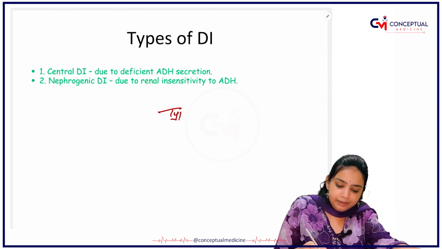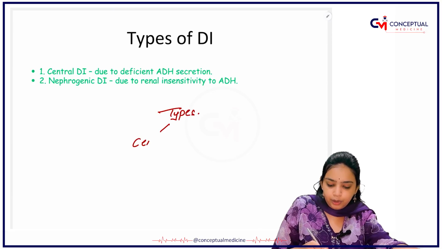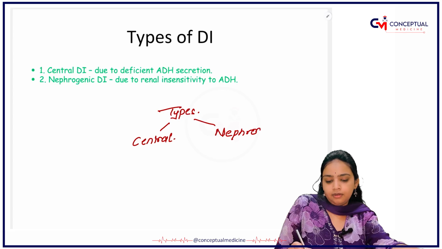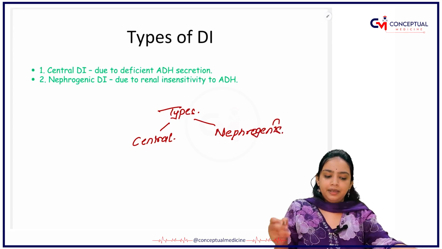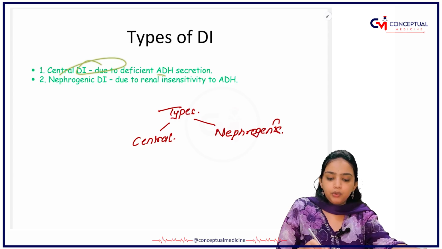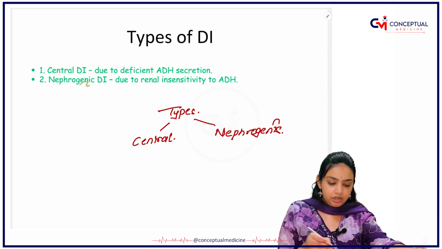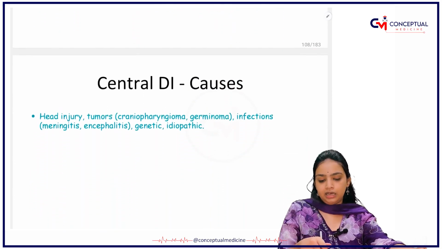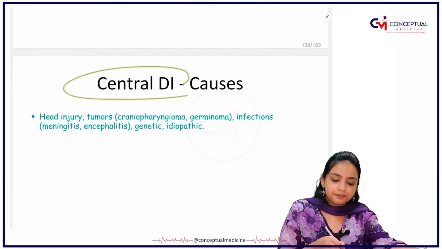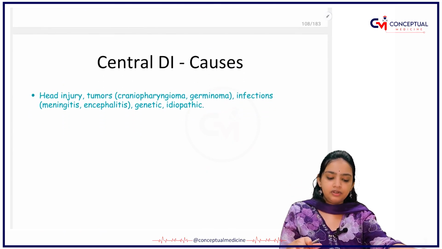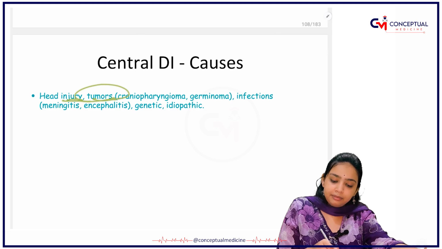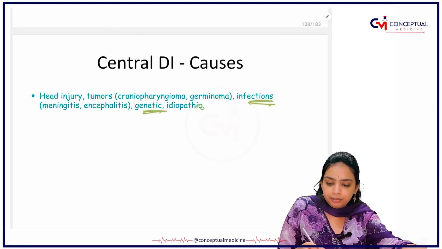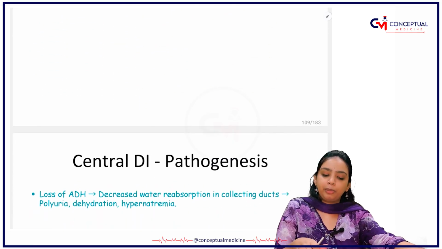If I talk about the types, there is the central one and the nephrogenic one. Now guys, the central one is mainly due to deficiency of ADH secretion, and the nephrogenic one is due to renal insensitivity to ADH. This is the main difference. The causes of the central one can be head injury, tumors suppressing the pituitary gland, infection, genetic predisposition, and it can be idiopathic as well.